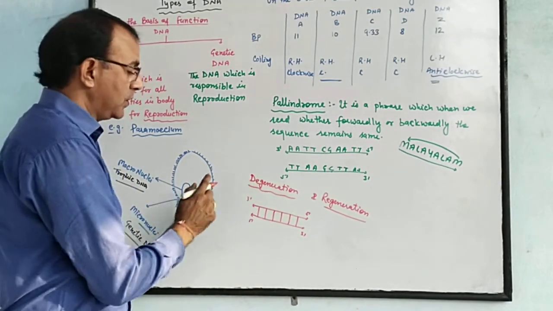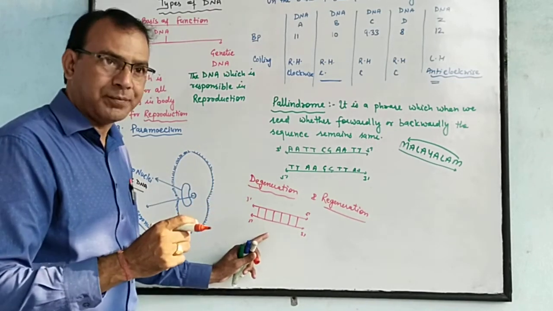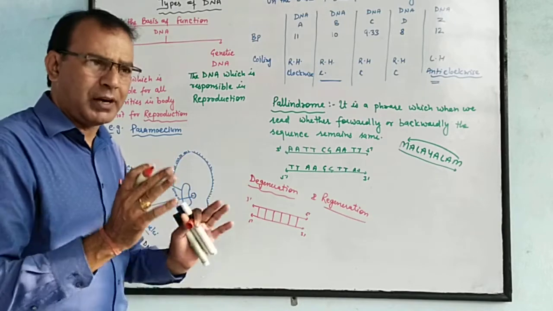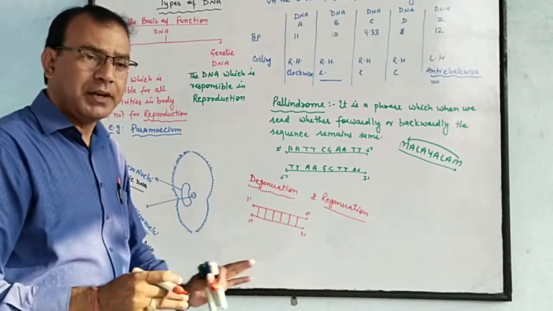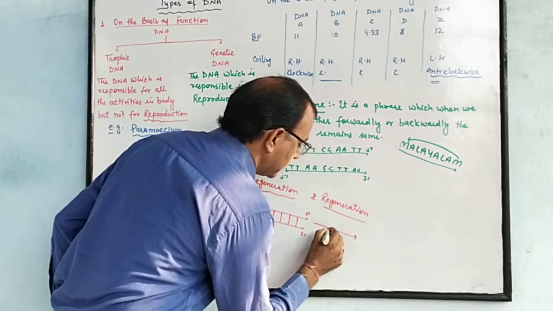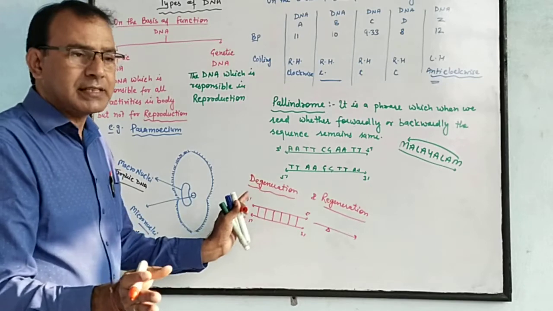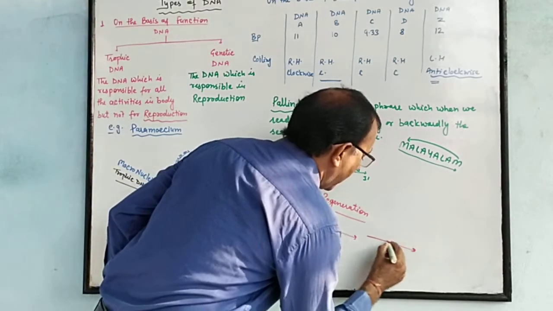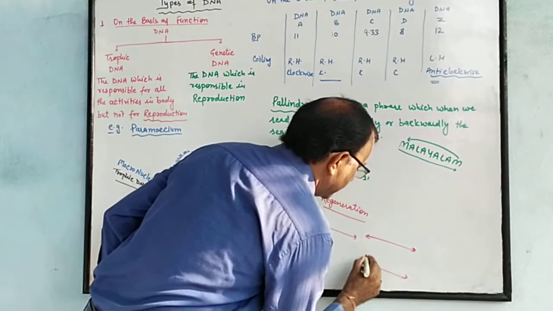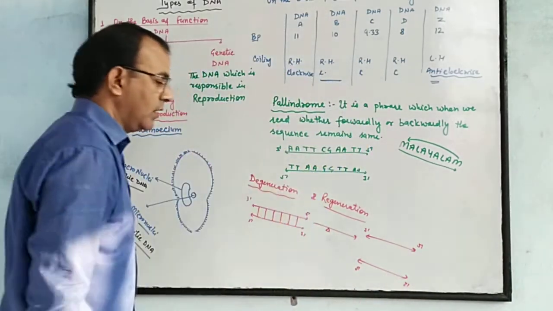These are the backbone. When we heat the DNA above the normal temperature, then both strands of DNA separate.